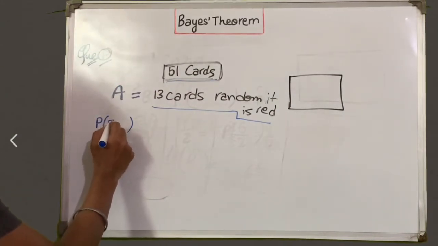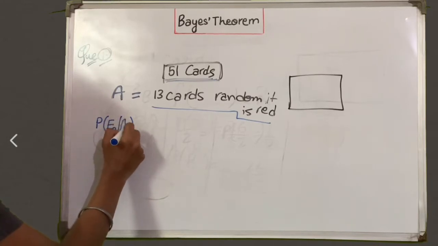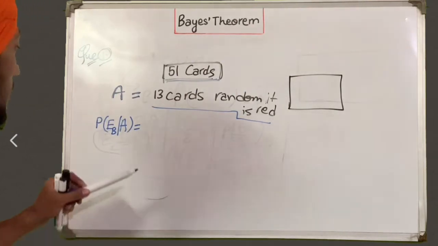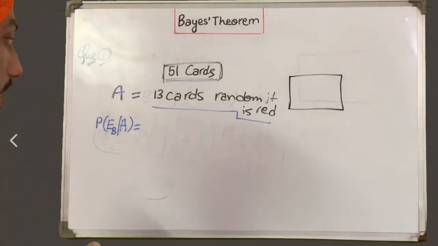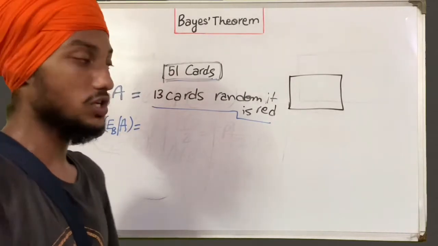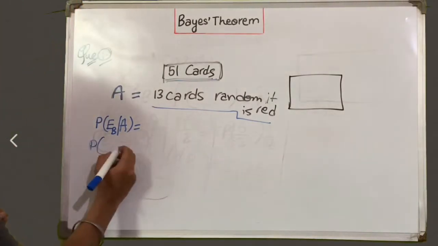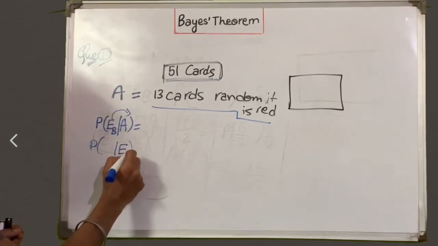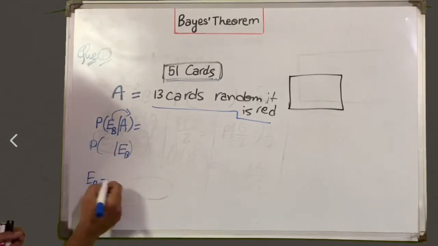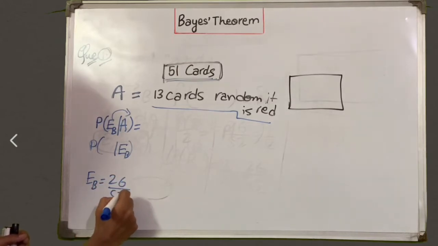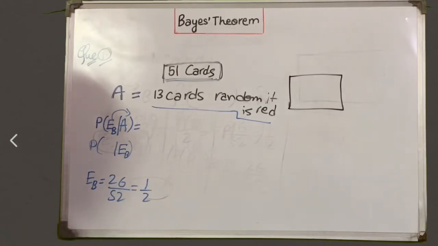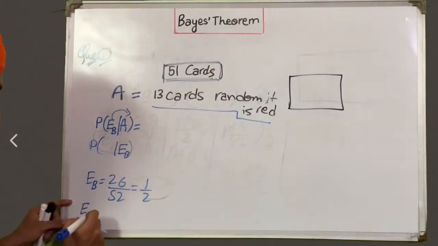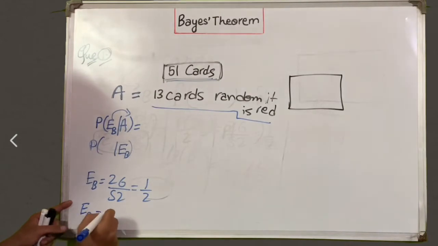So let's say the event is black and A has happened, but this is the reverse process. Now if we remember the conditional probability, EB denotes the event of black cards, that is 26 by 52, which we know is 1 by 2, because there are 26 black cards and 26 red cards from the whole 52 cards.